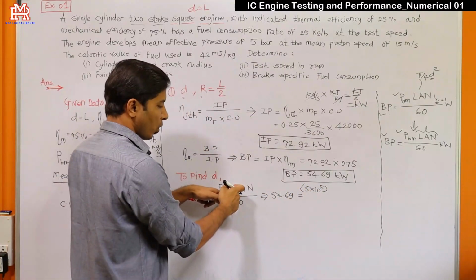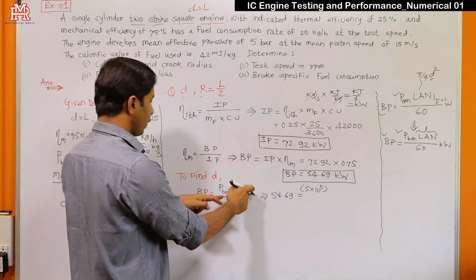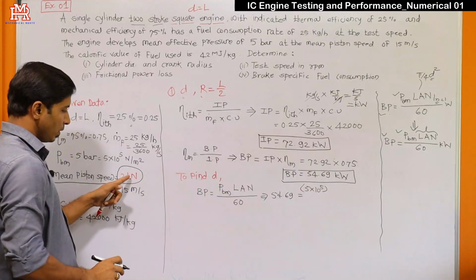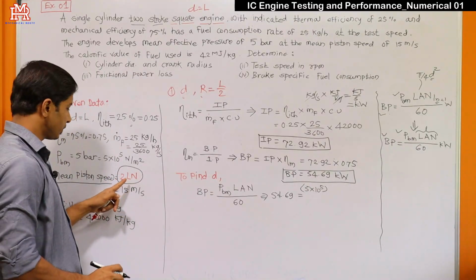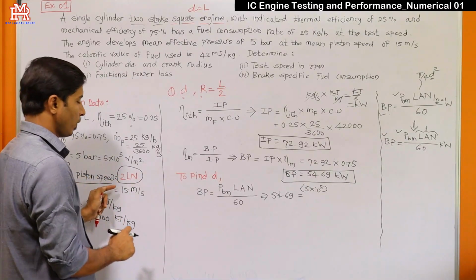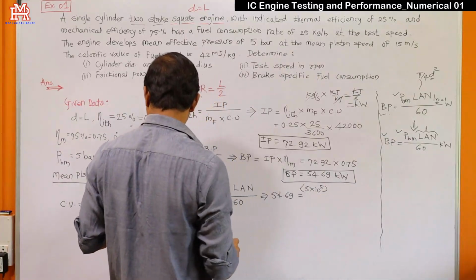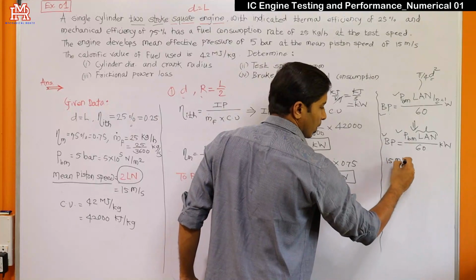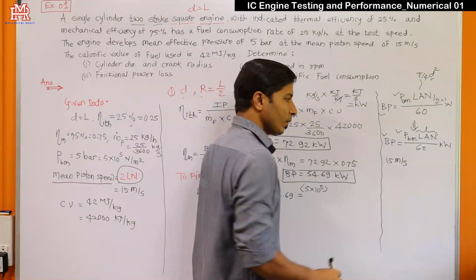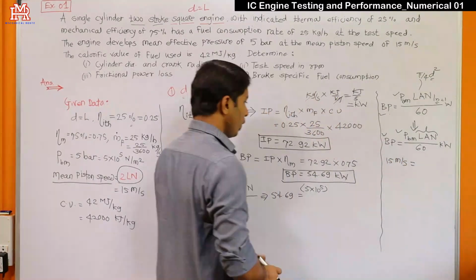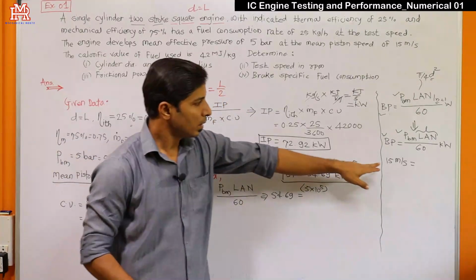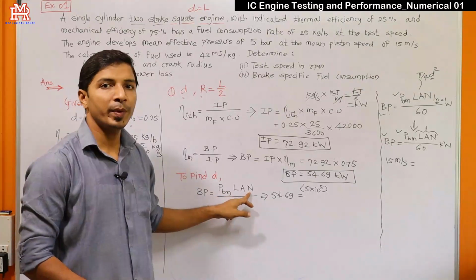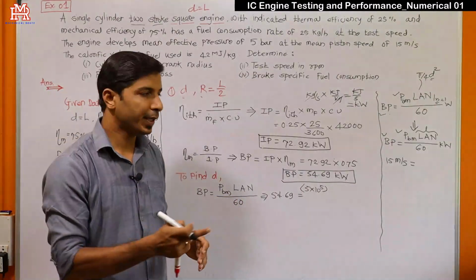Then stroke length is not given, but we have been given this 2LN. The value of 2LN is given. So LN is nothing but mean piston speed. For example, mean piston speed is given as 15 meter per second, right? But now we know that in this formula this N should be in revolutions per minute.